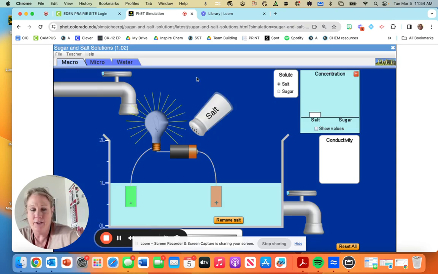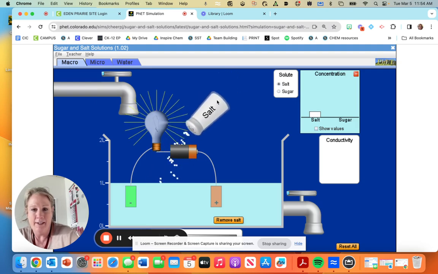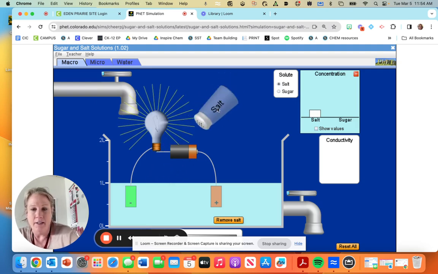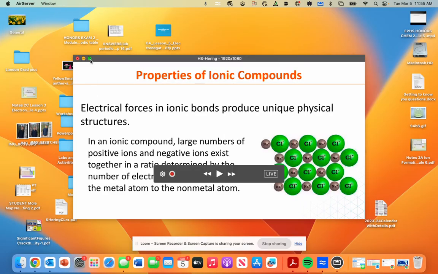So now we know why, when I do that, there are sodium and chloride ions dissolved in the water, and they're moving in between the electrodes, which gives us that conductivity. So back to the notes.